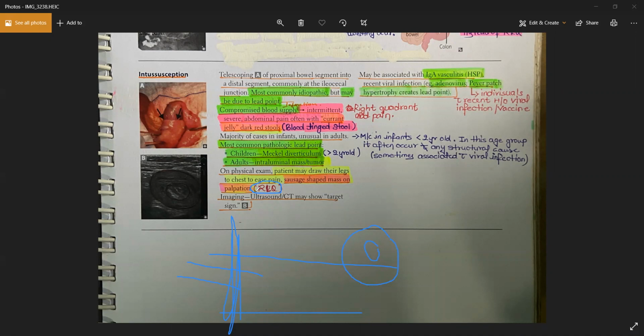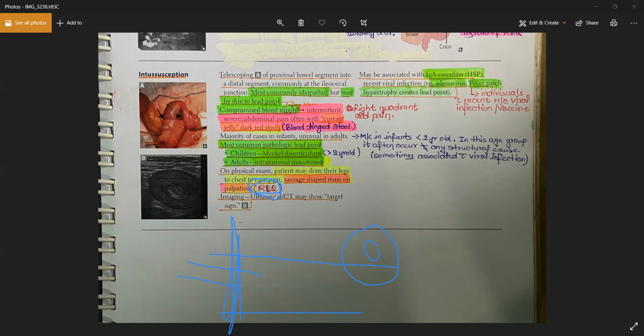So this proximal segment of the ileum will be telescoped within the cecum, and because these structures are present mostly in the right side, you will have a right lower quadrant pain. Very important to note, and they will ask you why: because of the ileocecal junction involvement.